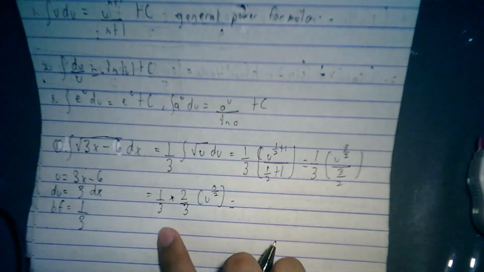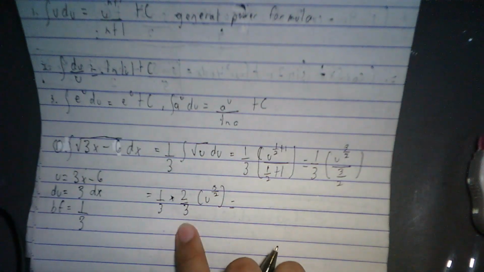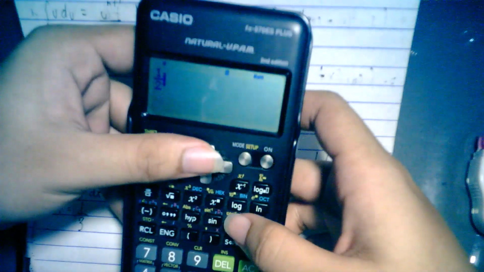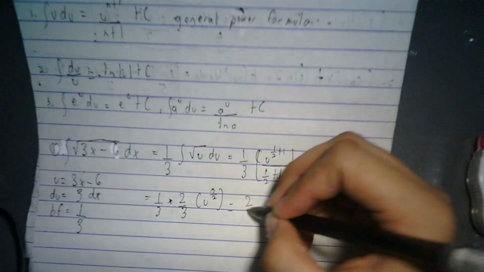Now, by calculating this simply means this equals 1/3 times 2/3. Sorry, 1/3 times 2/3 is equal to 2 over 9. Okay, 2 over 9.